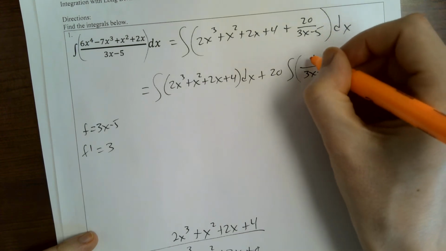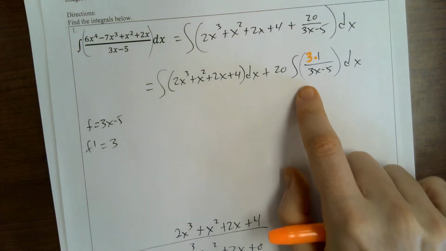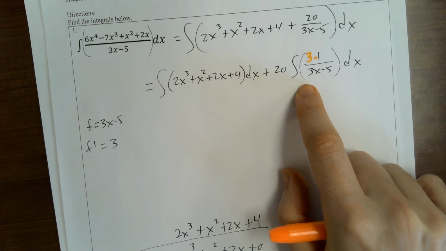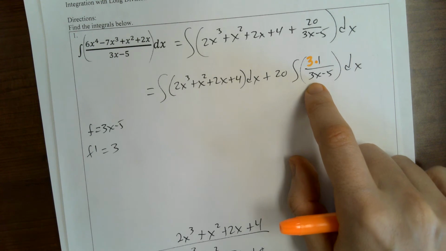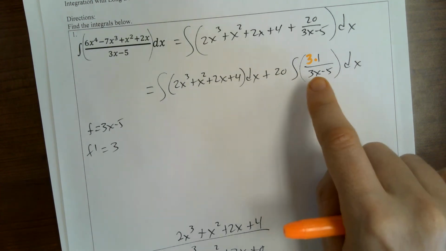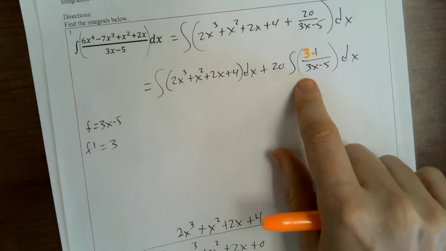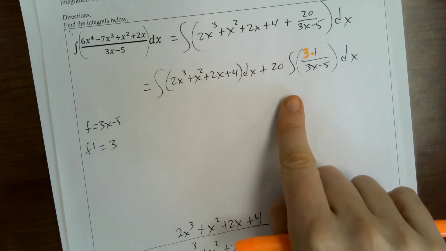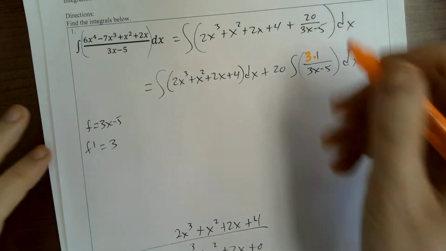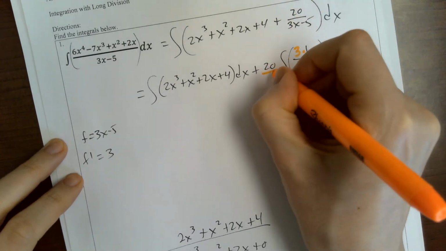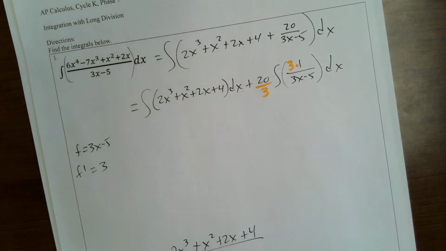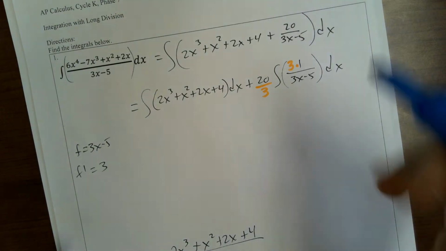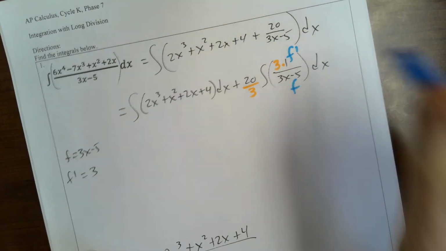So I multiply the top by 3, and I multiply the bottom by 3, but then I want to pull that 3 in the denominator out front because I want to have F prime over F. So when I pull that outside, it's like that. We did this slower when we learned the F prime over F formula for the first time, but since we've done it before, I'm just going to do it a little bit faster. Okay, so now we have F prime over F.